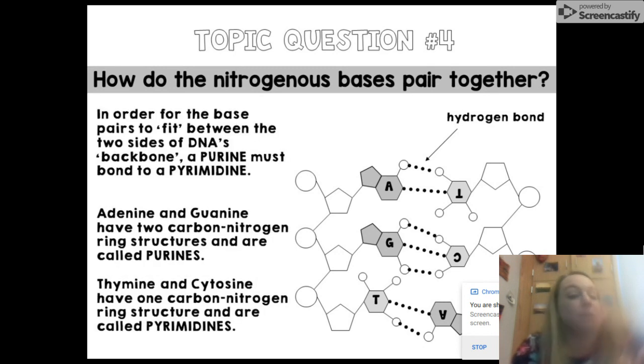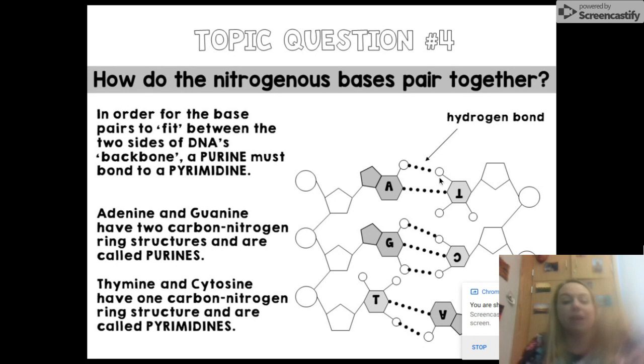So in order for the base pairs to fit, we did a little thing with this when we were doing that puzzle for the Nobel Prize. There was a study where they tried to figure out, well, which goes with which? Do purines go with pyrimidines? Do pyrimidines go with pyrimidines? And we figured out that the best fit, like Goldilocks and the 3 bears, is that a purine, which is this double ring, remember these little hexagons are called rings, bonds to this single ring, and the double ring bonded to the single ring is called a purine to a pyrimidine.